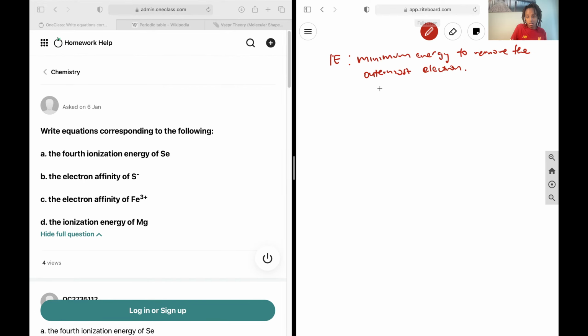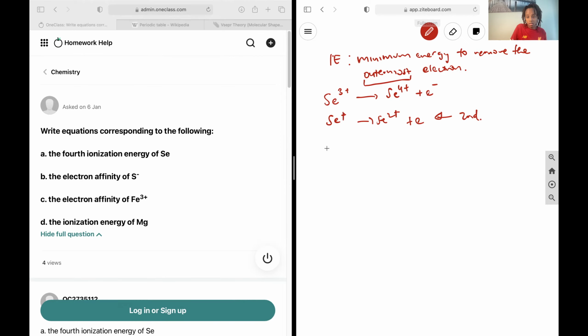But we're told we want the fourth ionization energy. And so what that is going to mean is, like in the case of Se, we want to go from Se3+ to Se4+ plus an electron. And the reason why it isn't just Se+ to Se2+ plus e is that this would be our second ionization energy.